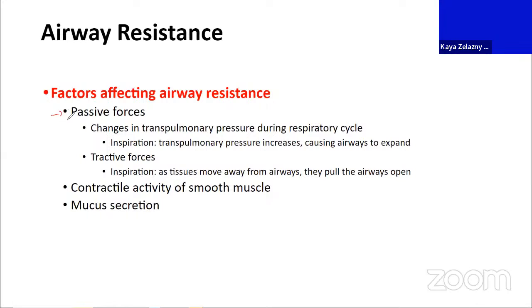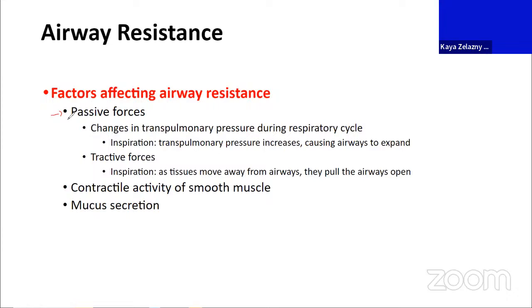So in terms of passive forces, they're going to be more of our normal forces. We already know that we have some changes in pulmonary pressure during the respiratory cycle. So that transpulmonary pressure is the distending pressure across the lungs.